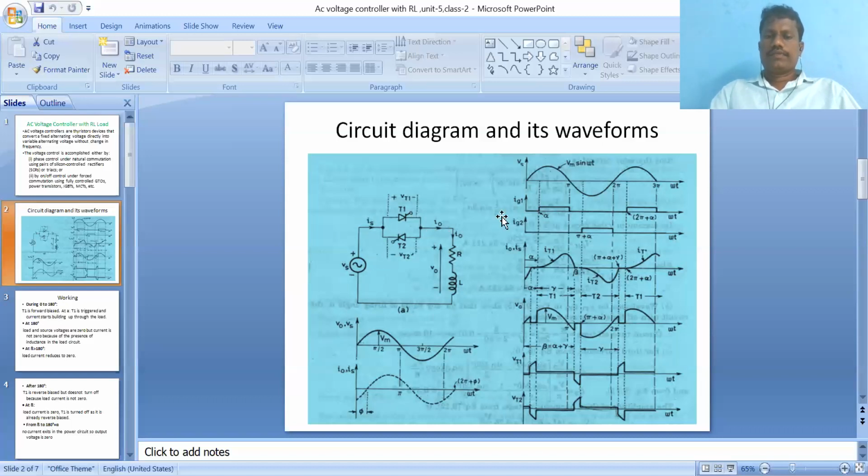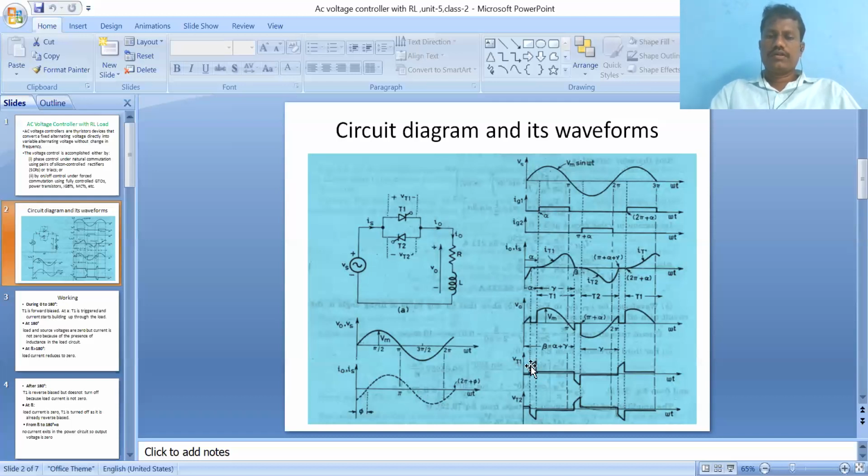Initially, when the first half cycle starts, T1 is in forward blocking mode. During that mode VT1 is equal to Vs. Whatever voltage is applied by the supply appears across it up to this portion only.